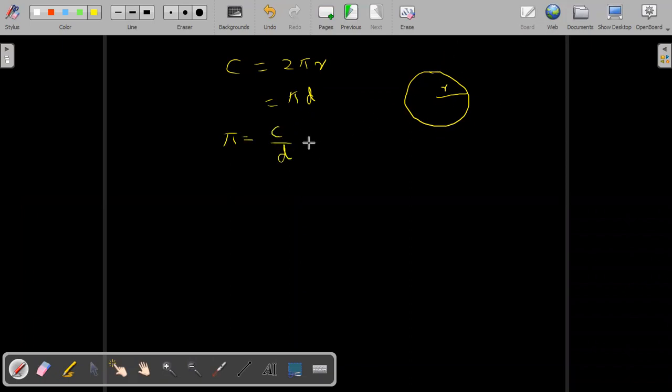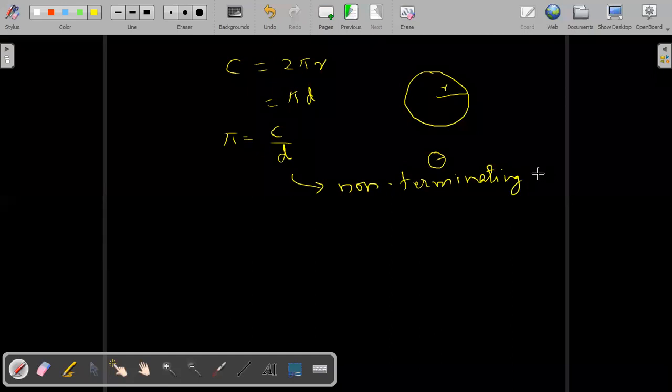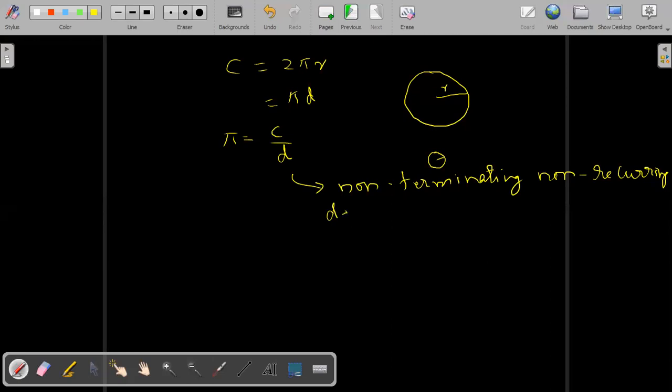If you take any circle, small one, big one, any circle, and find its radius and circumference first, and then find the ratio of circumference divided by diameter, it will always be a non-terminating, non-recurring decimal.